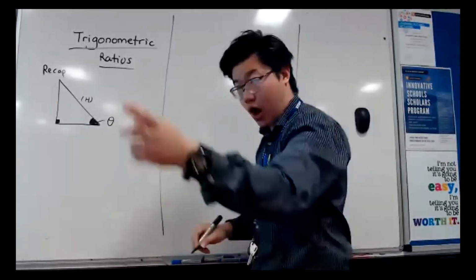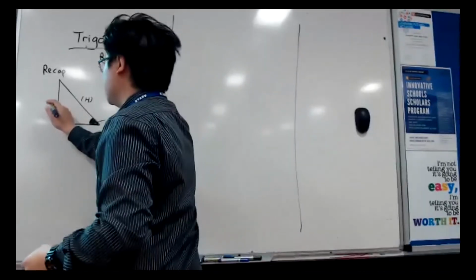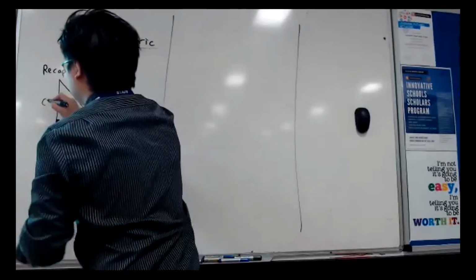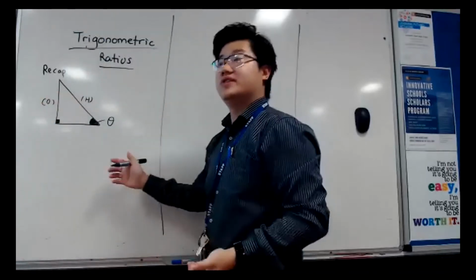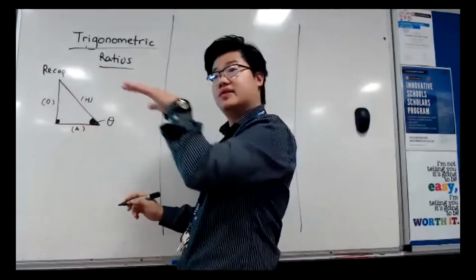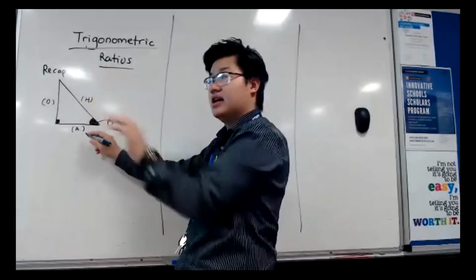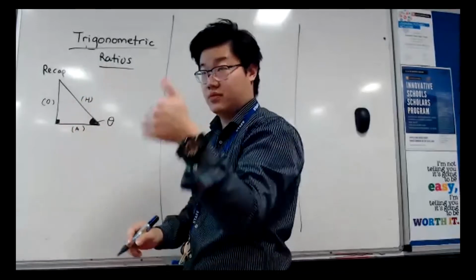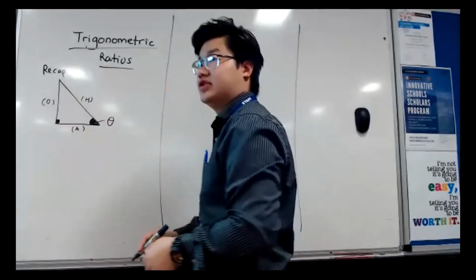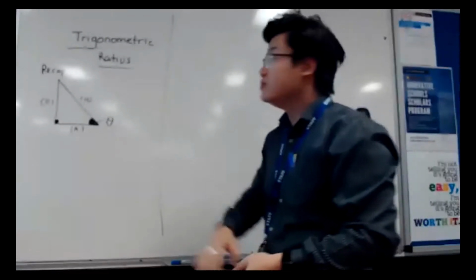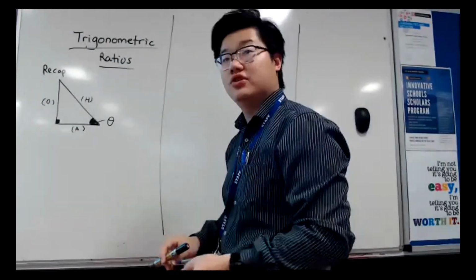O. Very good, that's your opposite. And where's A? A is adjacent. Adjacent means the side which is sitting next to the reference angle. With that understanding, you should be able to understand trigonometric ratios pretty easily.